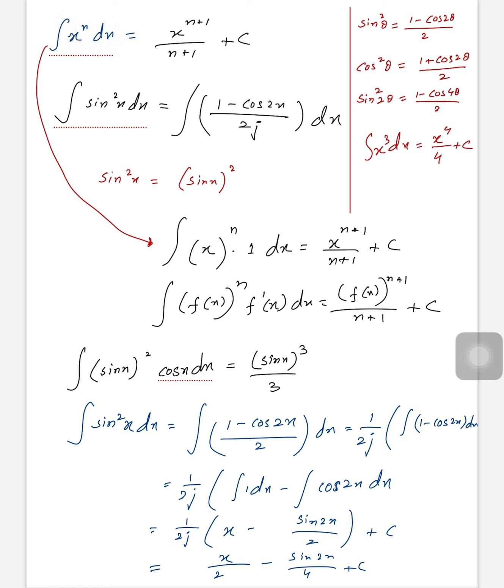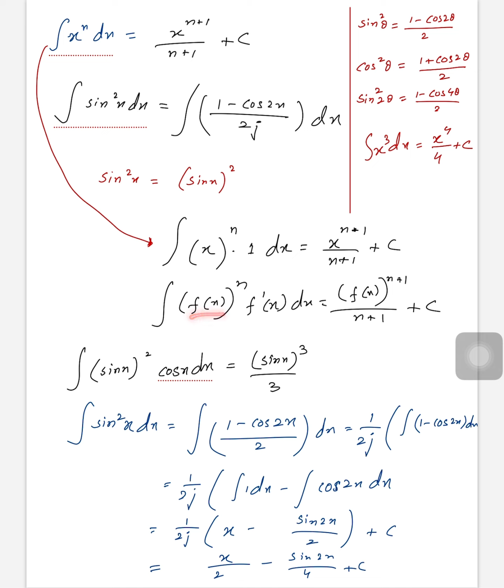Similarly, if we extend this power rule, this is a function having a power on it, and the derivative of this function exists here. So, its integral will be what? We will increase the power and we will divide it by the whole new power. This is the power rule of integration.